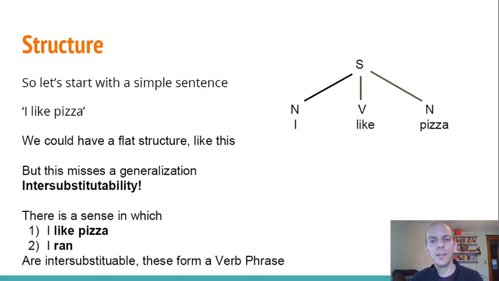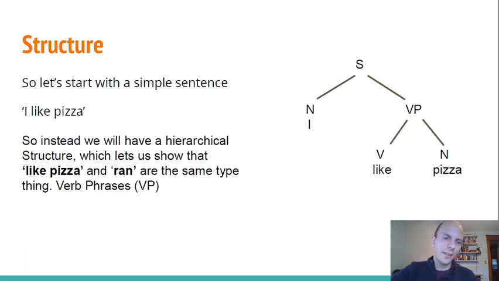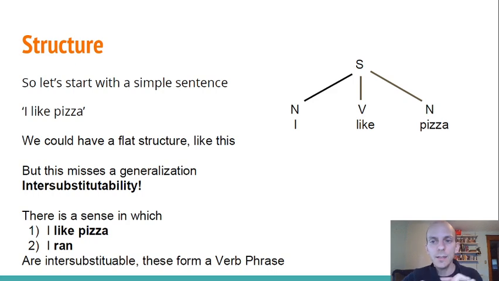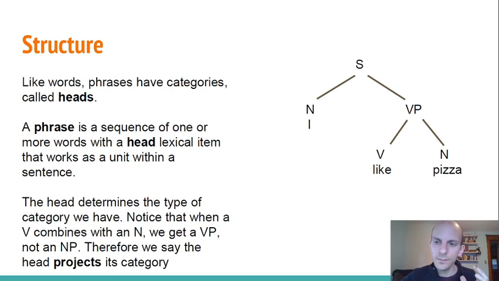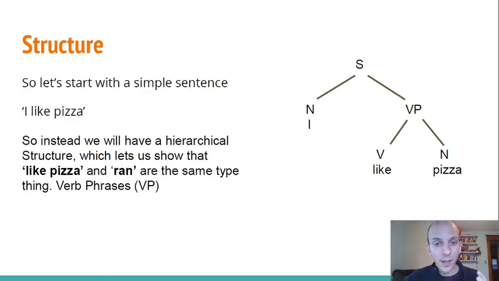If those two things are intersubstitutable, what might we want to say about them? They're members of the same category. They're both verb phrases. So instead of having this flat structure, like I like pizza, all flat in a line, we'll say that there's a verb phrase here, which can be either like pizza, or it can be ran, right?